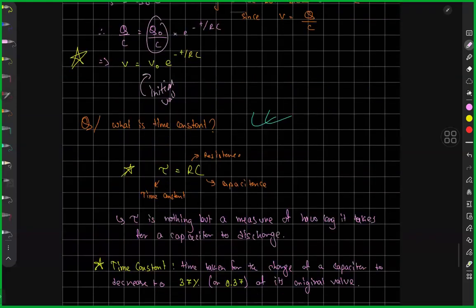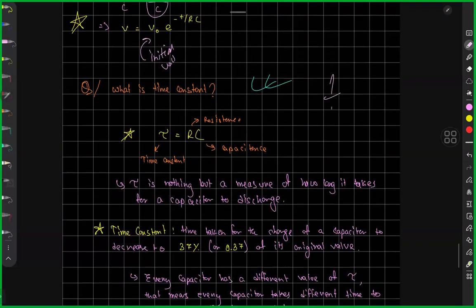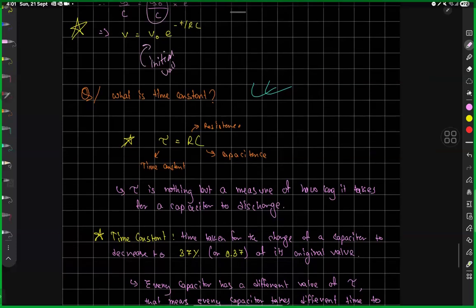Now, the question comes: what is the time constant? I was talking to you about RC. How this is a very important constant. And why is this a very important constant? Because of RC. I'll explain right now why RC is such an interesting product that tells us so much about the discharge process.